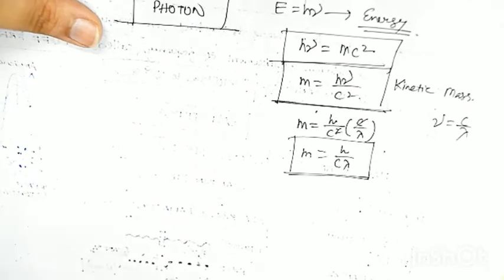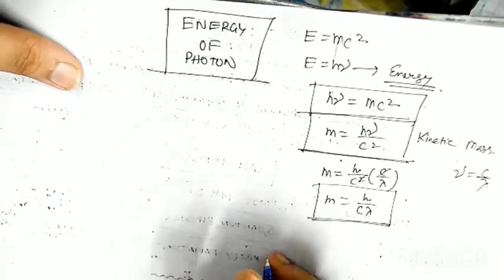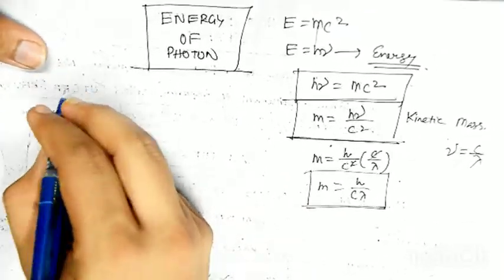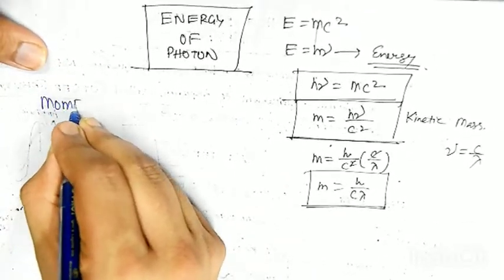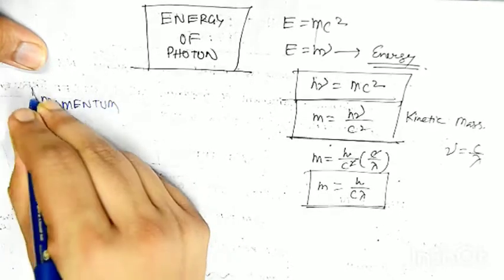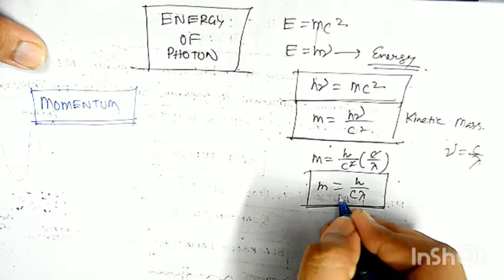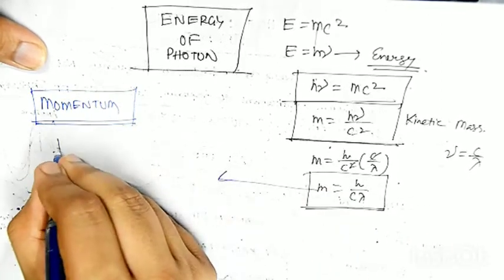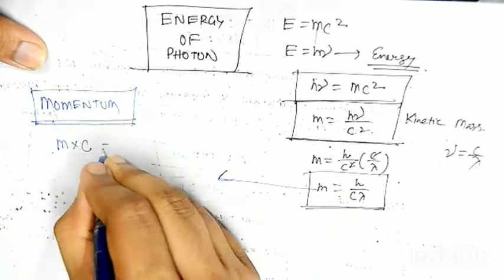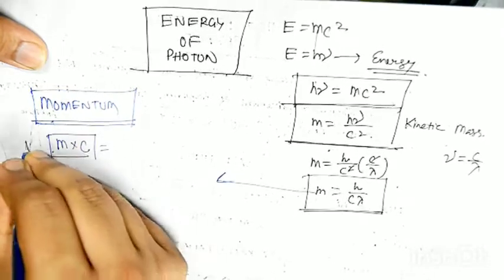If you are asked to calculate the momentum, these are all energy equations. Momentum is what? Mass into velocity. This is called momentum.